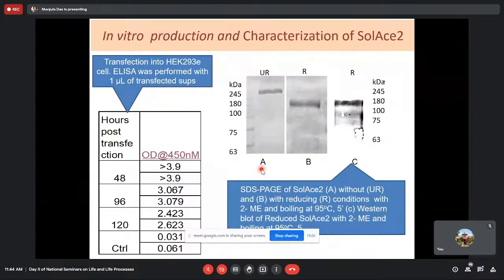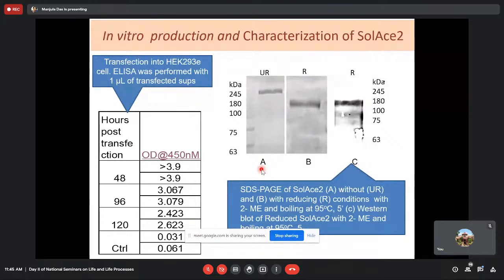It was then expressed in HEK293E cells, and we took the supernatant. It was expressed in the supernatant since we had put in the HA signal peptide, which takes it out into the mammalian HEK supernatant.